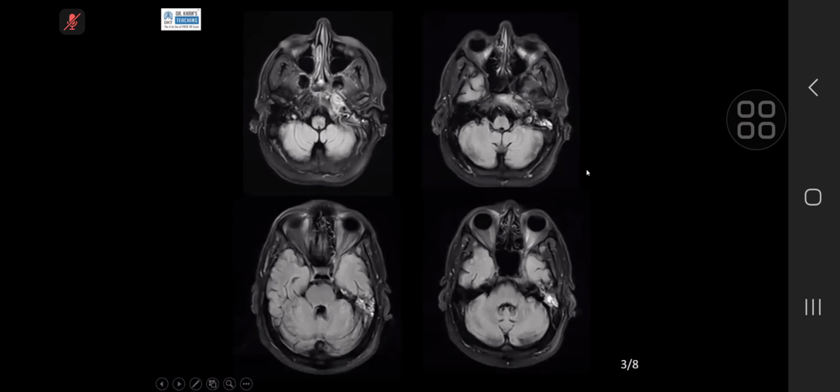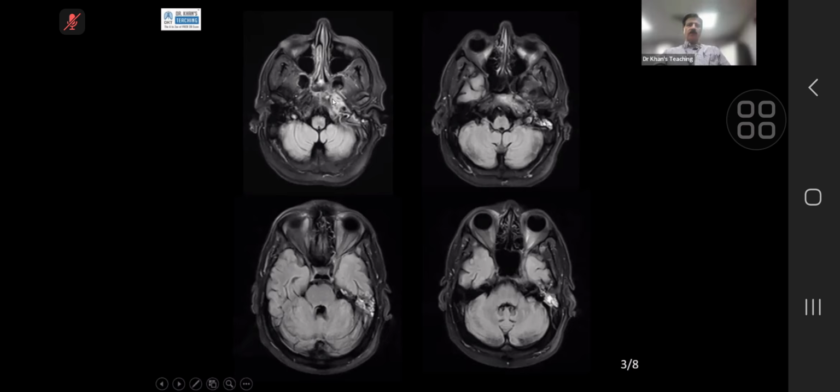On the FLAIR images on the left side, we've got a high signal lesion within the region of the left temporal bone, and also some increased signal within the anterior portions of the temporal bone on the top left image. Which portion is this? It would be the petrous portion. Yes, and this is the clivus.